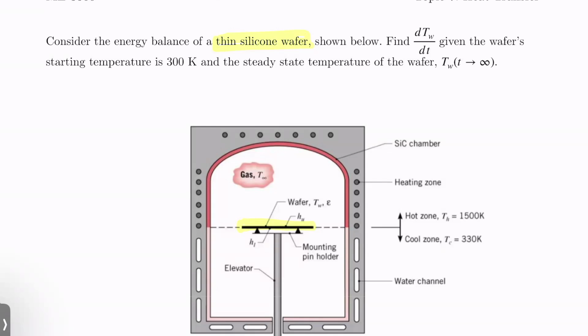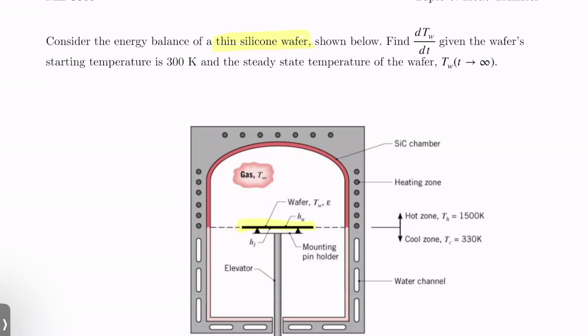Okay, so we have kind of an interesting setup here. We have this wafer that's held up on two little pins, so we can assume that there's convection happening on the top and the bottom of this thing. And we have a chamber that's heating it on the top side of the wafer, and then the idea is that it's cooling it on the bottom side of the wafer, okay?